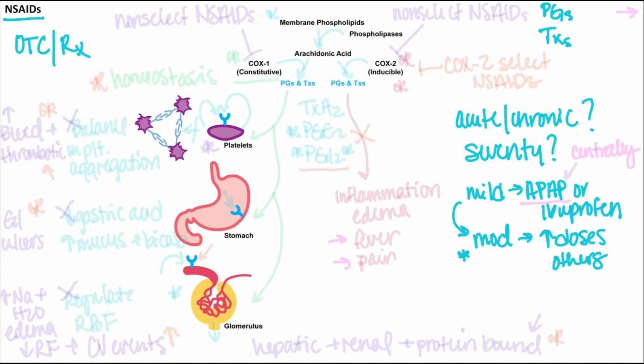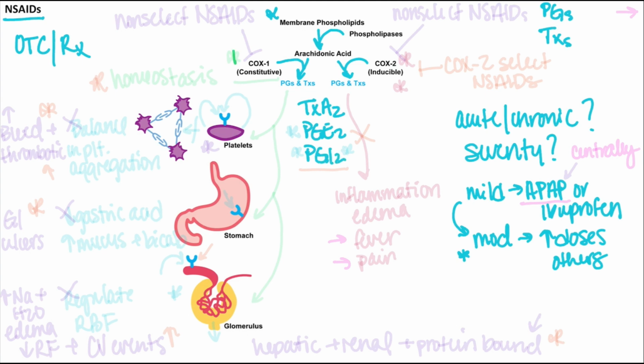So this pathway begins with our membrane phospholipids, which are converted to arachidonic acid by phospholipases like phospholipase A2. Arachidonic acid is then converted to PGG2 and then to PGH2 by cyclooxygenase enzymes like COX-1 and COX-2, and then this goes on to become thromboxane A2, PGE2, PGI2, and others.